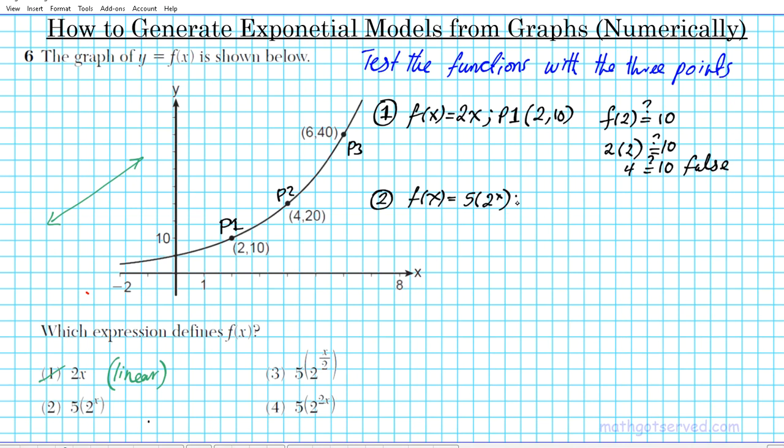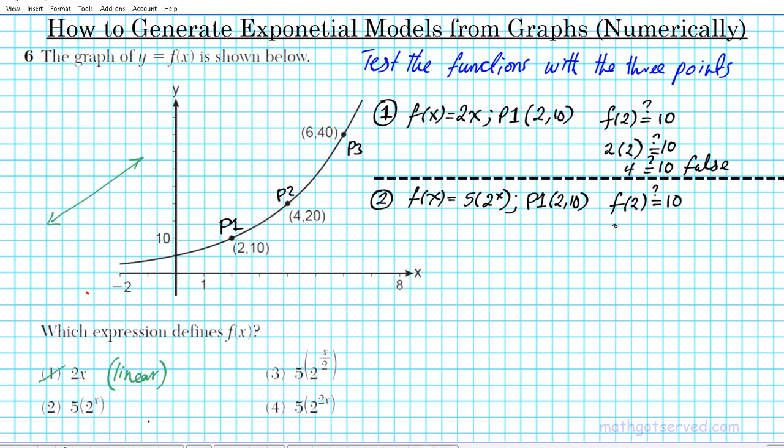Alright, so we're going to start testing. We start with the first point, point 1, which is (2, 10). So the question is, is f of 2 equal to 10 in this second function? If I plug in 2 into the function, do I get 10 as an output?